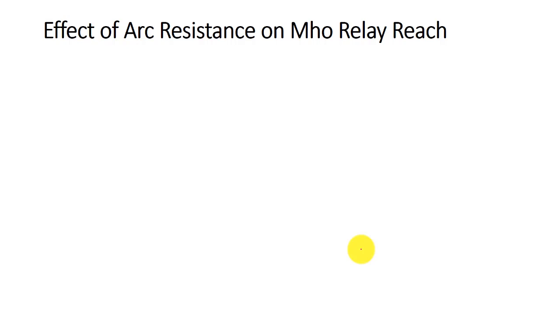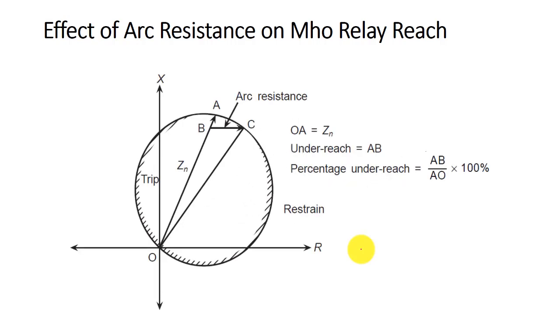Now we'll see the effect of arc resistance on Moore relay, how it will impact. Already we have seen the effect of arc resistance on impedance relay and reactance relay, and we have seen that there is some underreach problem in impedance relay, and in case of reactance relay there is no underreach problem. Similarly, here also we have an underreach problem. If we calculate the percentage underreach, obviously it will be AB by AO into 100.